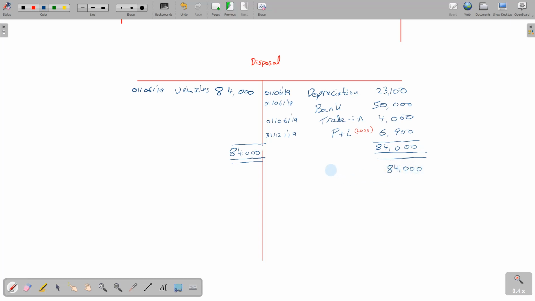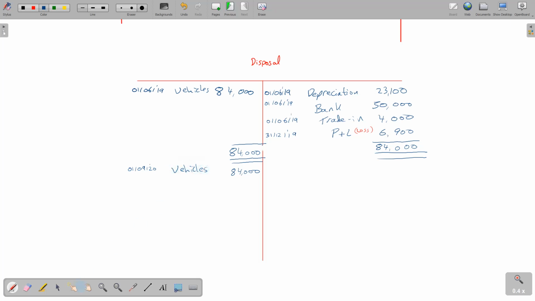84,000. Sorry, put on the wrong side. 84,000. The double entry. So the 1st of the 9th, 2020. So it's going to be from the vehicles account.